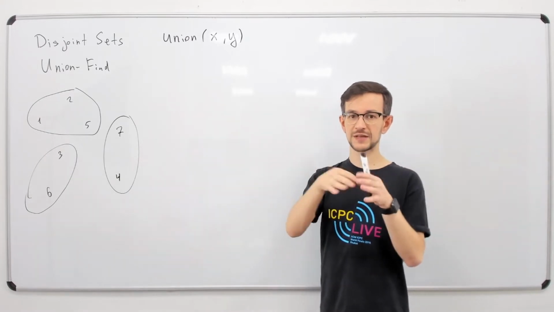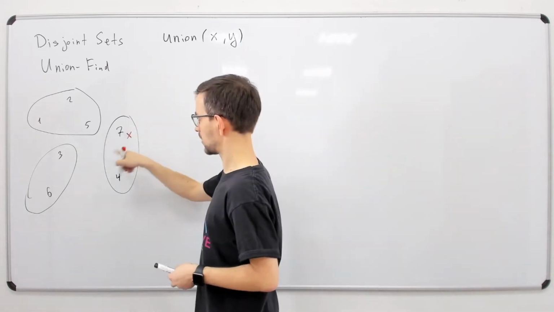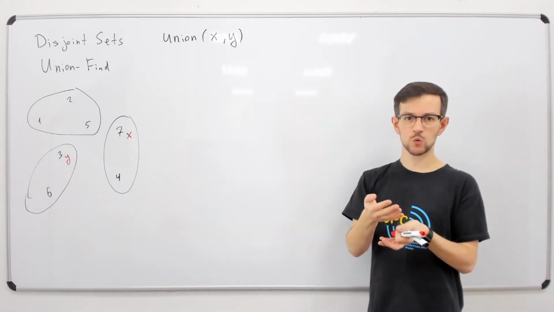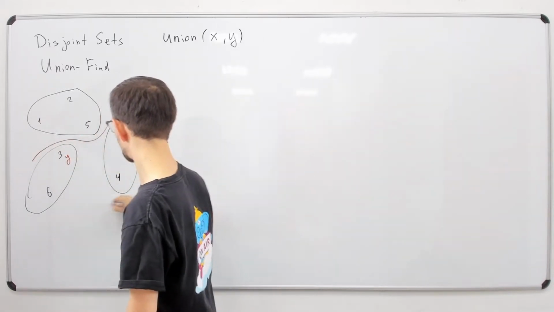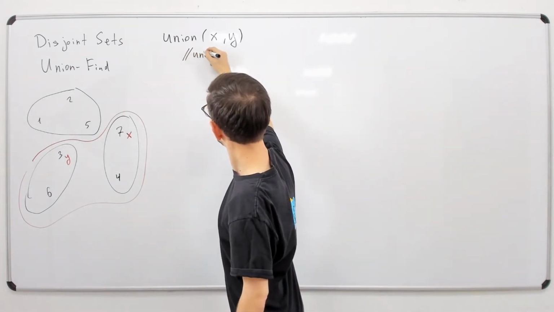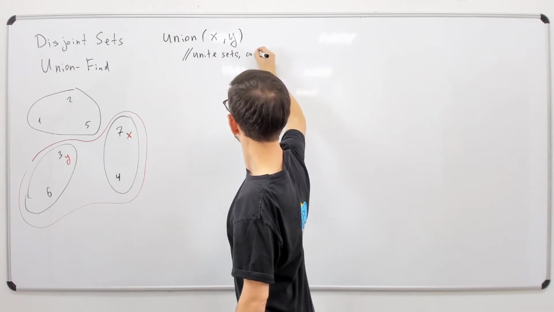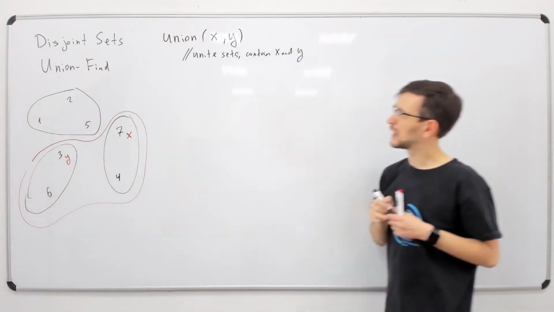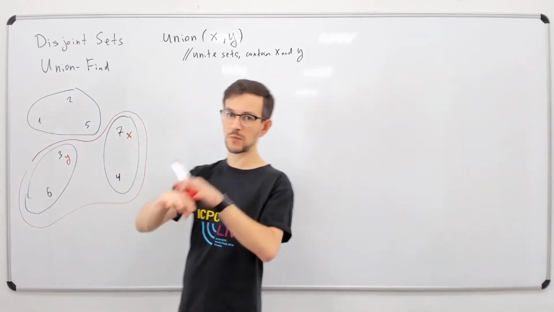We take the set that contains element x, and the set which contains element y, and we just unite these 2 sets into one big set. That's the first operation. We just take these two sets and make one big set out of them.